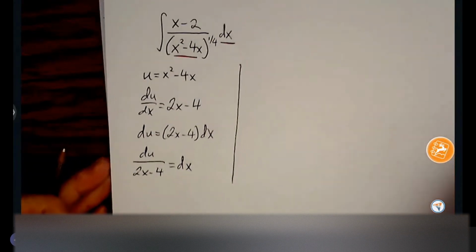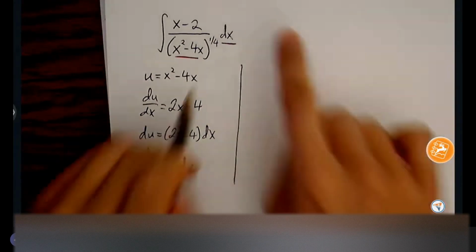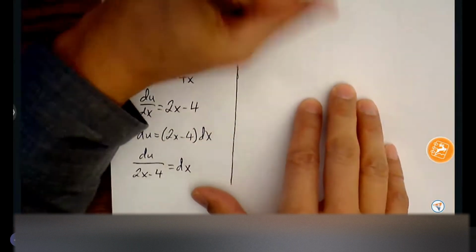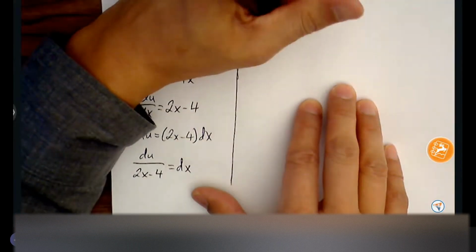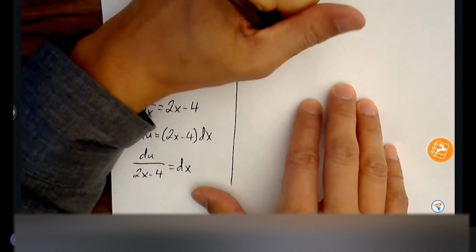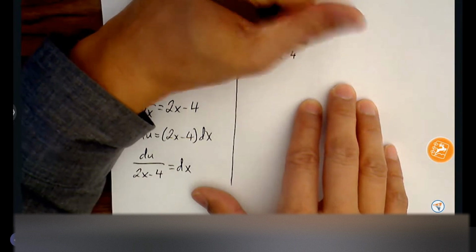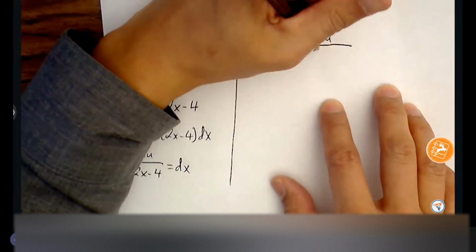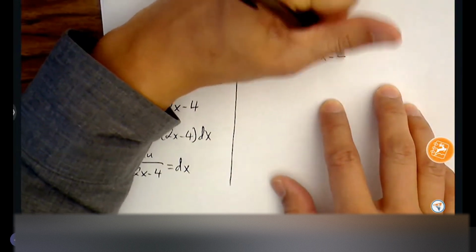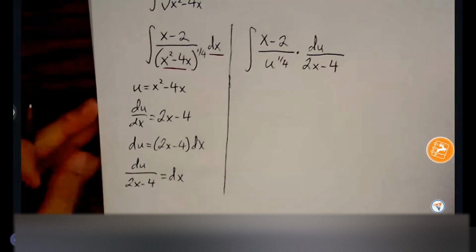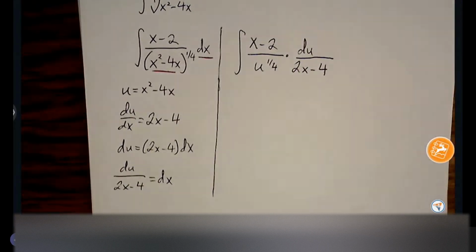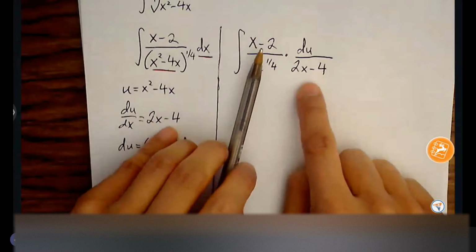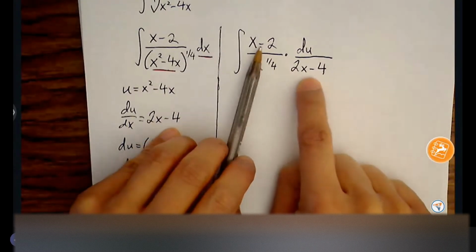And we make our substitutions, just these portions here. dx becomes du over 2x minus 4. Okay, we're making some progress. We see some x values go away, but now we're trying to handle this here.